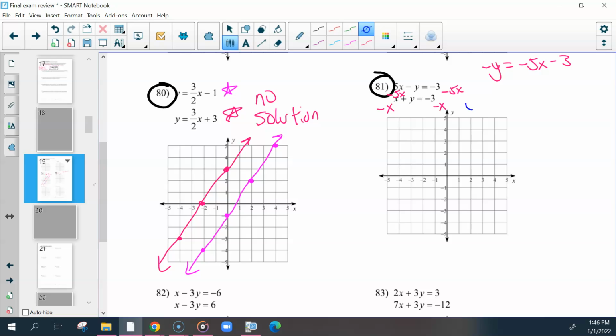And the second one is y equals -x minus 3. The first one, you still need to get y by itself, so we have to divide everything by -1. So this equation would become y equals 5x plus 3.